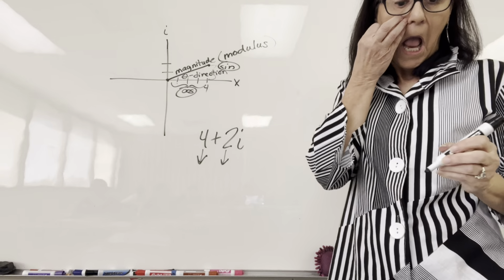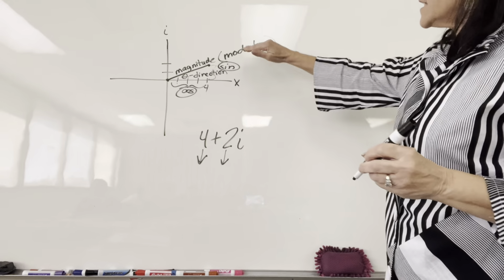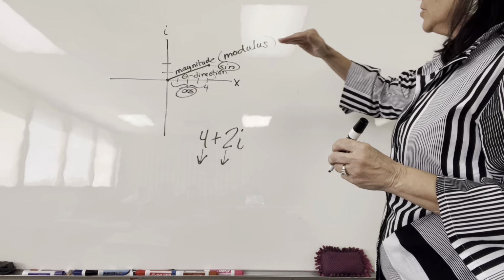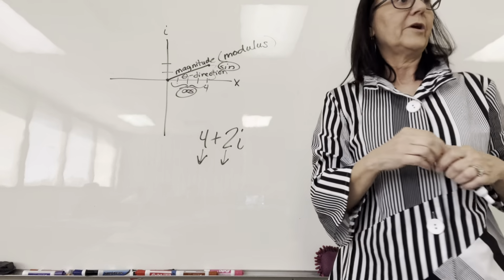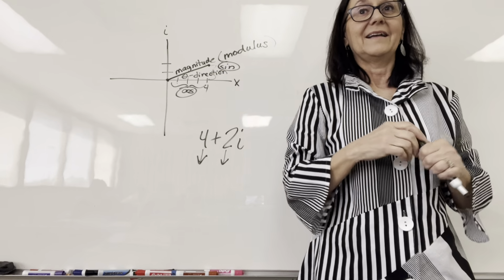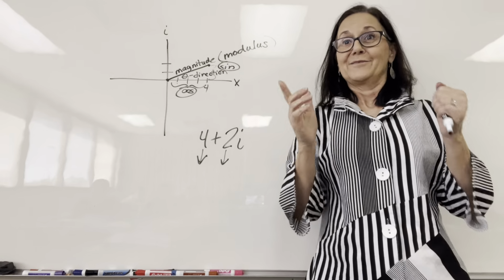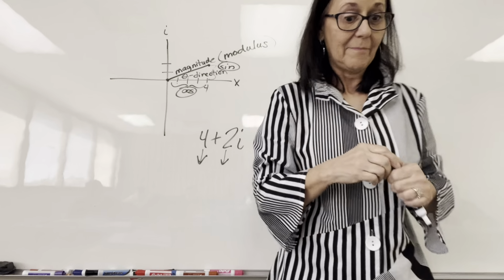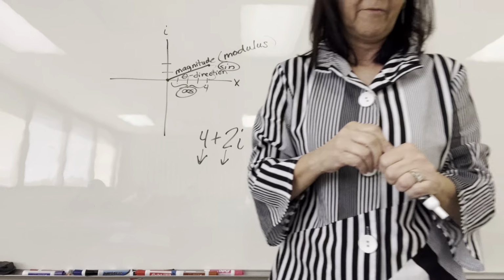This is the magnitude in physics of a vector. It's a modulus in precalculus. Simply, it's really just the hypotenuse of a right triangle. Just big words for the hypotenuse of a right triangle.